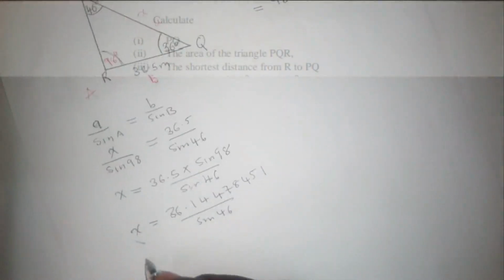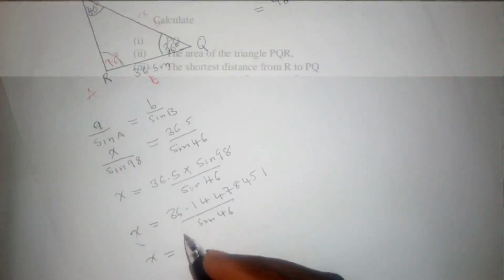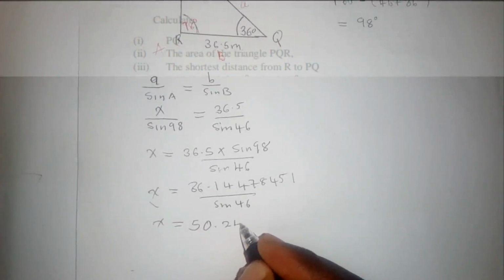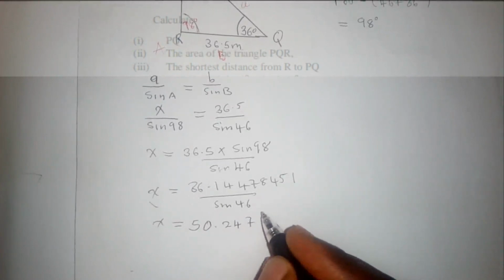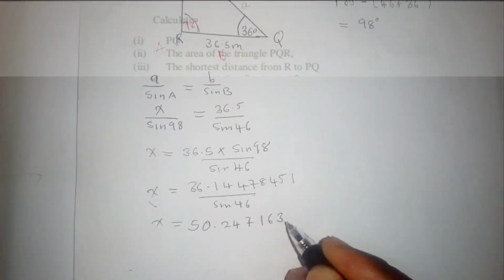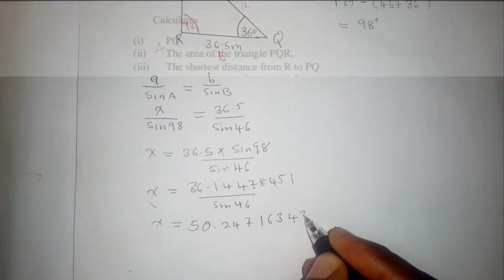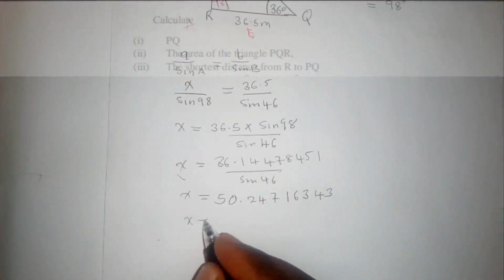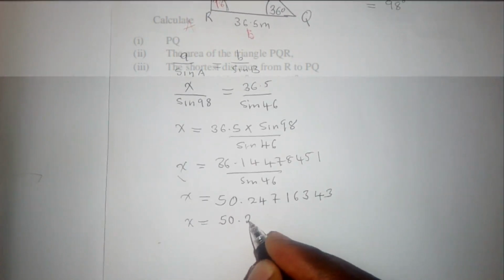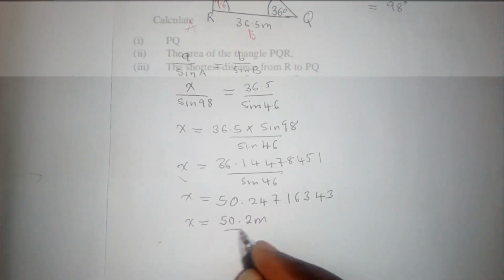We are getting x is equal to 50.247716343. So we can write our answer as 50.2 meters.